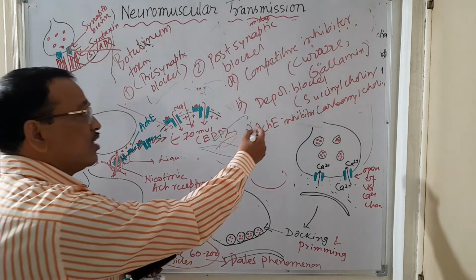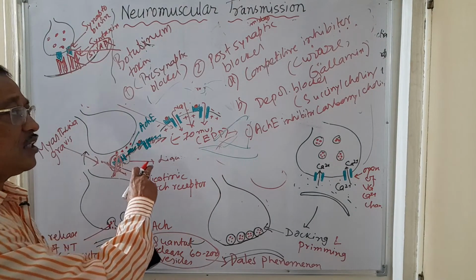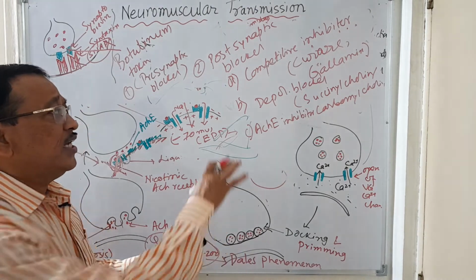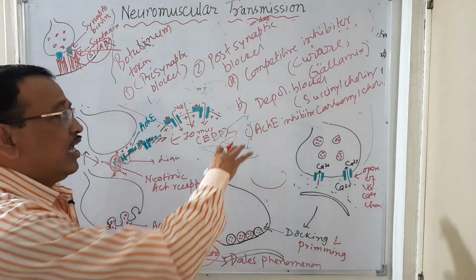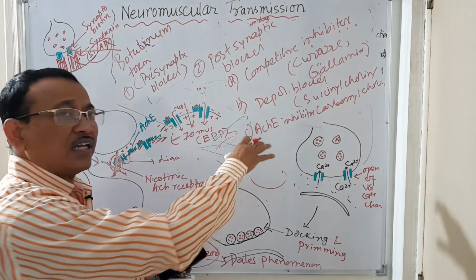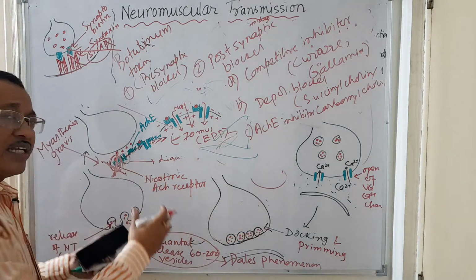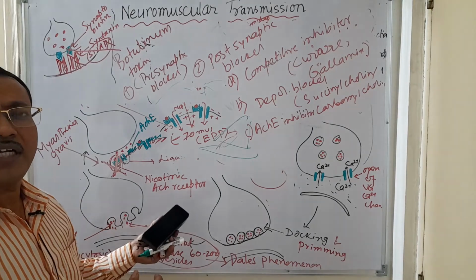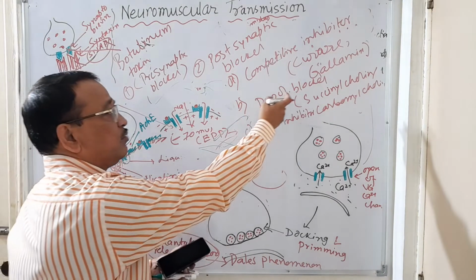In case of an irreversible inhibitor, what happens? The acetylcholinesterase enzyme is getting inhibited. As this is getting inhibited, again there is a prolonged exposure of the acetylcholine to the receptor, and the same phenomenon will take place as I discussed under the depolarizing blocker.